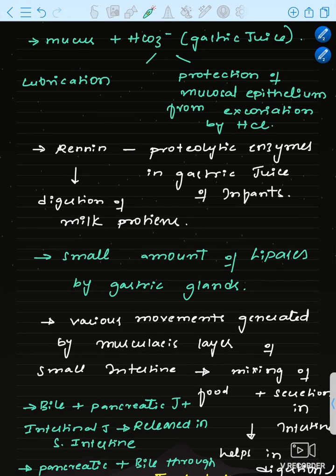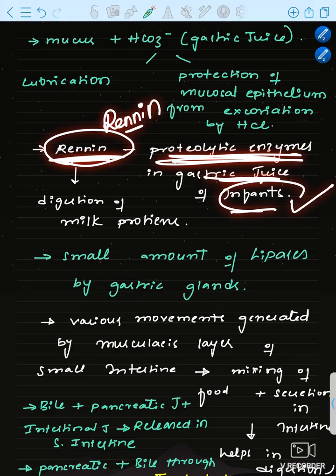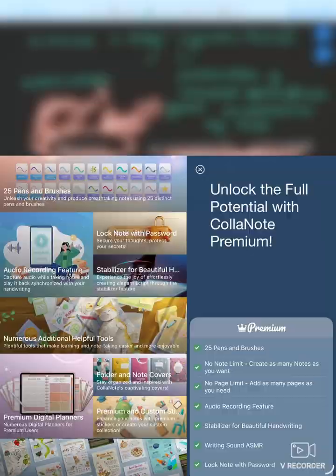Next, what else will be there in gastric juice? Rennin will be there. It is also a proteolytic enzyme in the gastric juice of infants. See, remember this, R-E-N-N-I-N, rennin, with two N's. Just think that the stomach is a single organ, right?